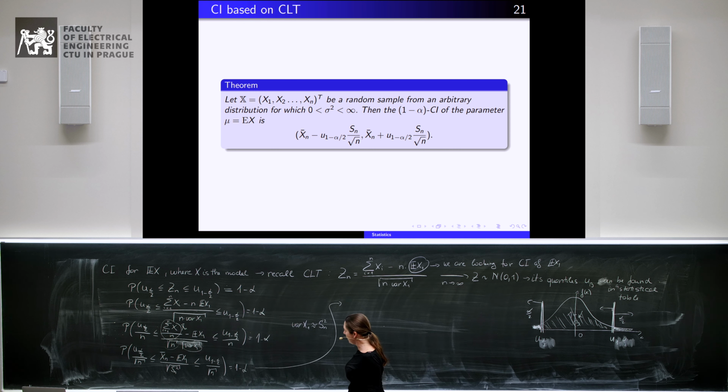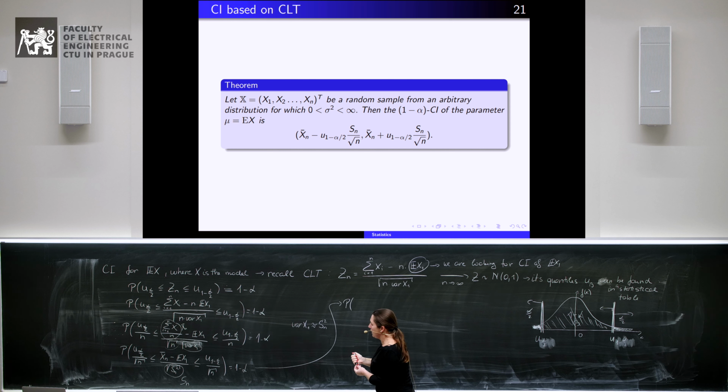And now we will multiply everything by the square root of Sn square, which is in fact the sample standard deviation.